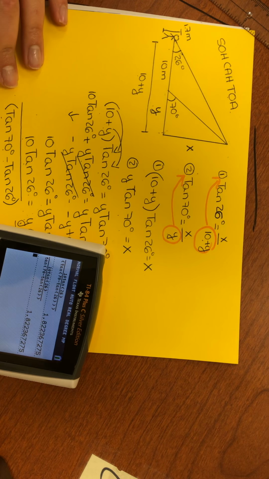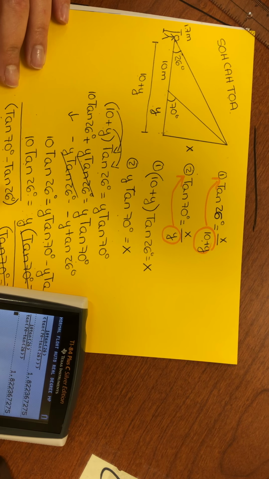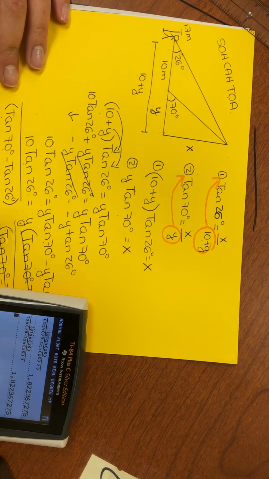Okay, so I want you to round that number to the nearest 1,000, because the greater you let the number be, the more exact you will have your answer. So this one will be equal to 1.822. Okay, so round to the nearest 1,000.